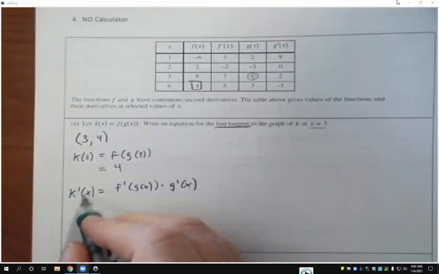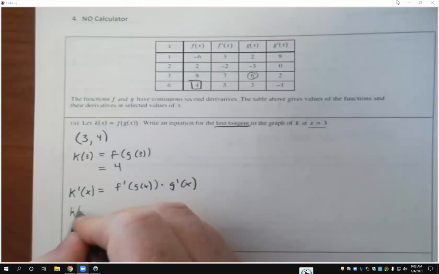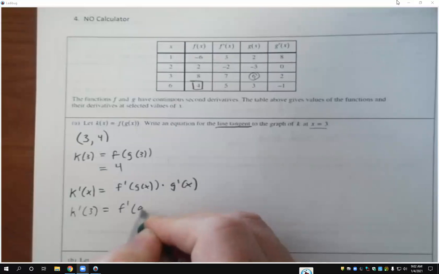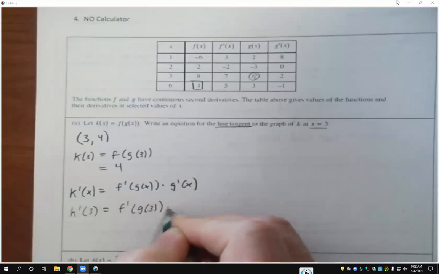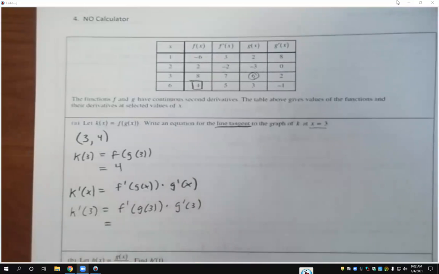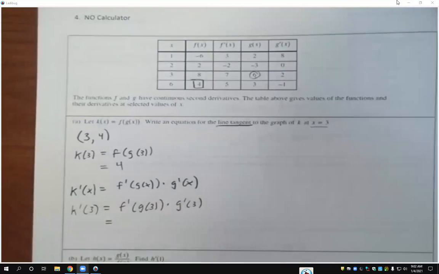And we need the derivative at 3. So k prime of 3 is f prime g of 3 times g prime of 3.